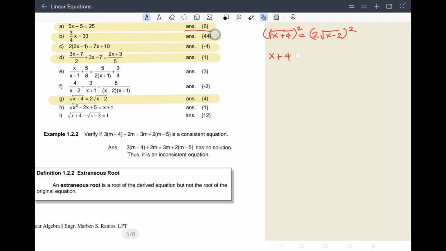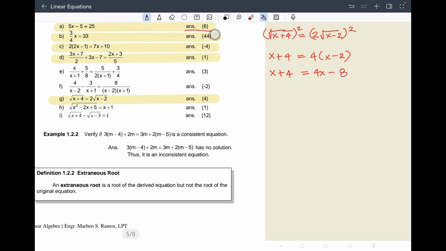This will just be x plus 4. And on the right side, we square 2 and we square the quantity square root of x minus 2. So 2 times 2 is 4. Then, mawawala uli yung radical sign, x minus 2 na lang. So by just simplifying the equation, this will become x plus 4 equals 4x minus 8.